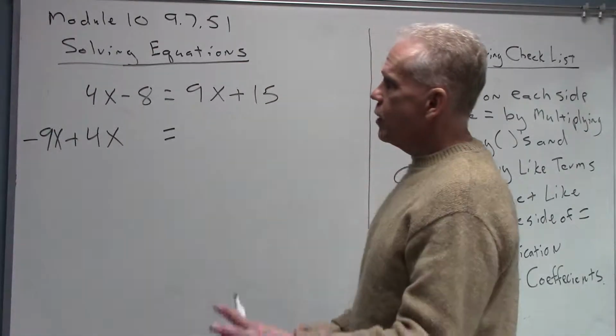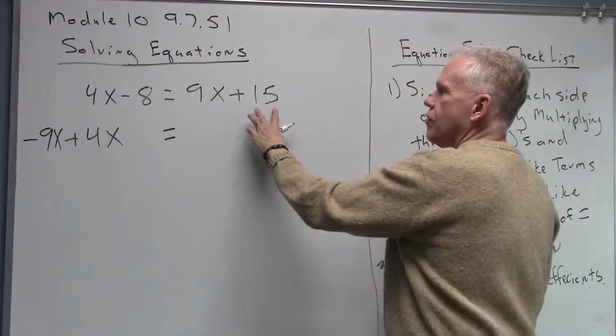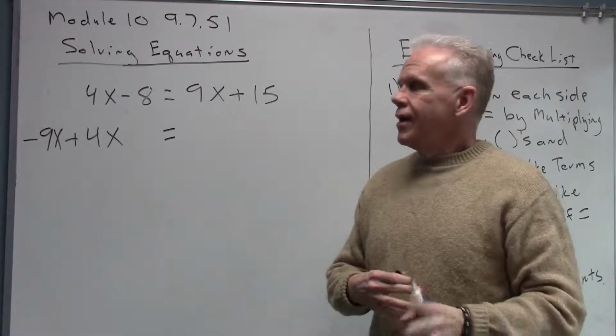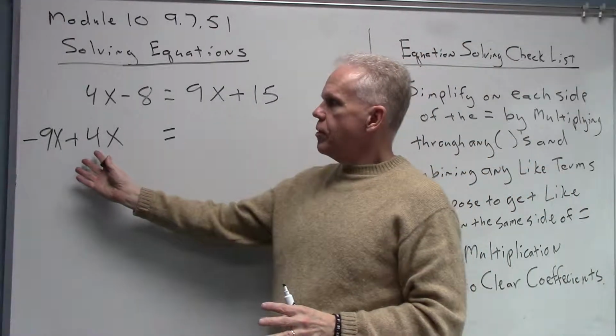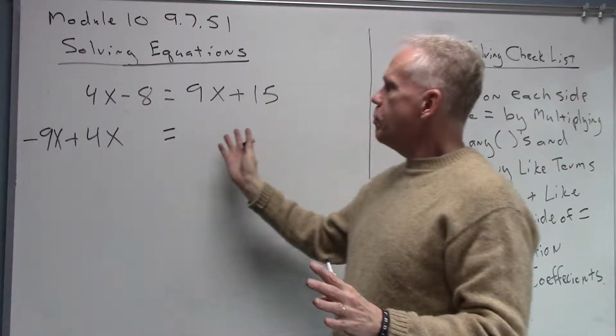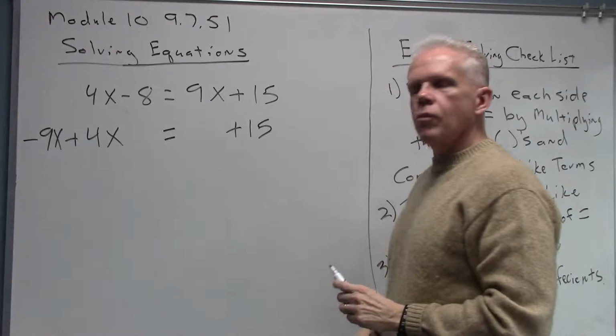Now the other thing I want to go ahead and notice right away is that the negative 8 and the positive 15, those are like terms as well. They're both just plain numbers. Now it makes sense to me, and I hope it does to you, that if I've decided to put my x's over here, things that don't have x's, I think I'll put them over here. So the plus 15 is just fine the way it is.